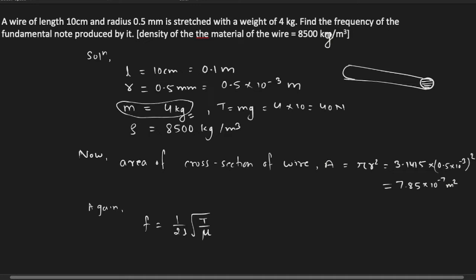modify this formula as 1 by 2L root under T by density into area. Actually, mass per unit length is equal to density into cross section area. Now all these values are given. We can now calculate our value. 1 by 2 into 0.1, root under 40 by 8500 into area 7.85 into 10 power minus 7.